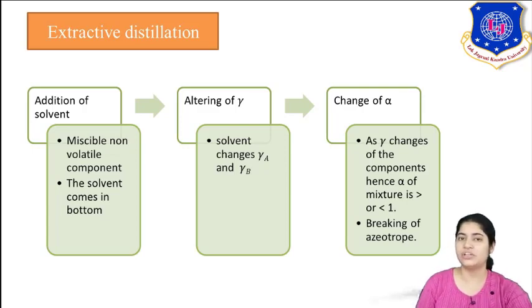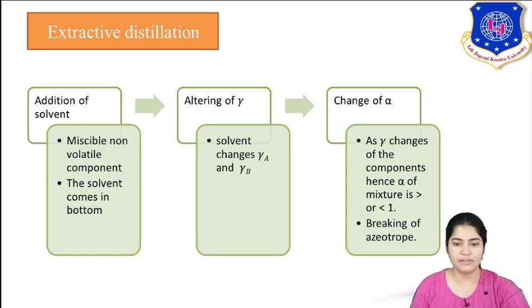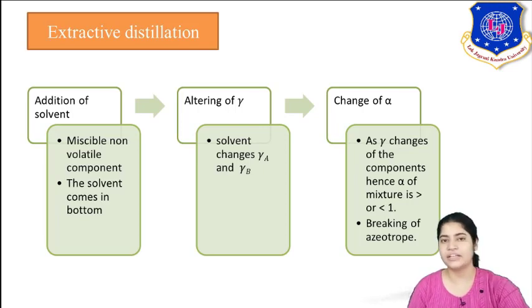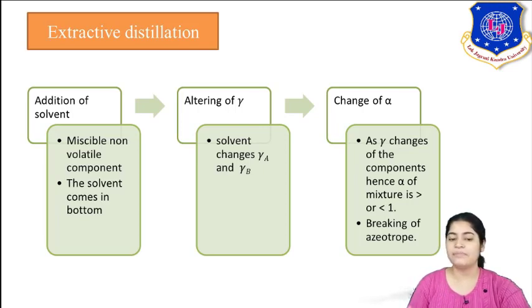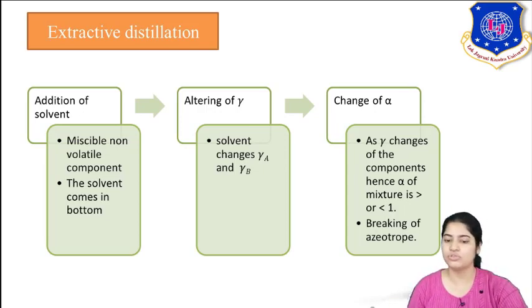It will change the activity coefficient of A and B. As the activity coefficient changes, your relative volatility will also change. What is the condition of azeotrope? Your relative volatility is equal to 1. So in extractive distillation your solvent changes the activity coefficient, and because of the change in activity coefficient your relative volatility also changes.